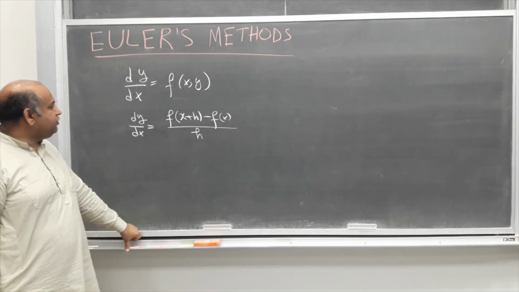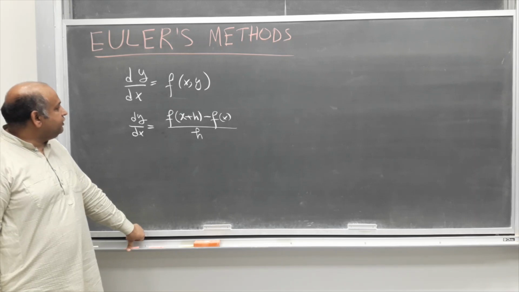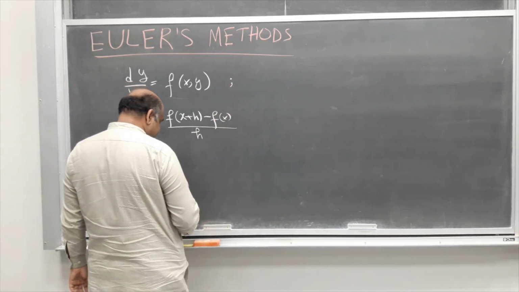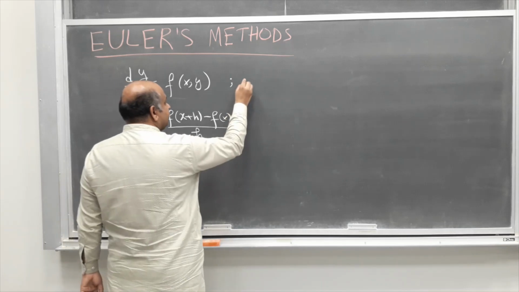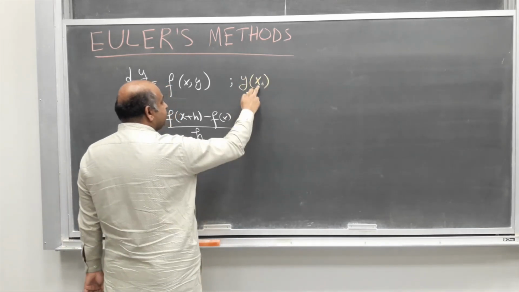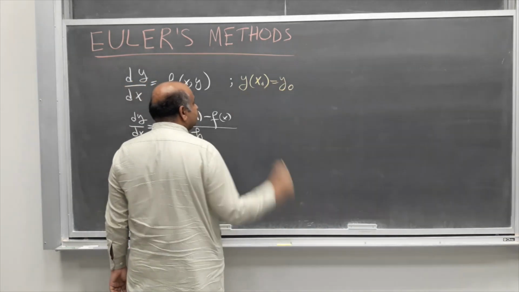Now, in this video, I'm interested in solving initial value problems. Initial value problems are problems where we are given an initial condition: at a particular value of the independent variable, the value of the dependent variable is given.